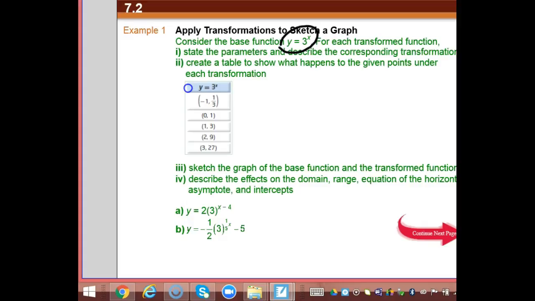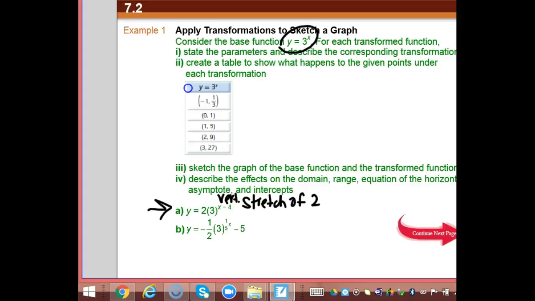And then what we're going to do is find out what's happening in here and then make the changes to the points that we have. So what are the transformations just verbally that are happening here? We have a vertical stretch of 2, right? So that's going to change our y points, multiplying them by 2.